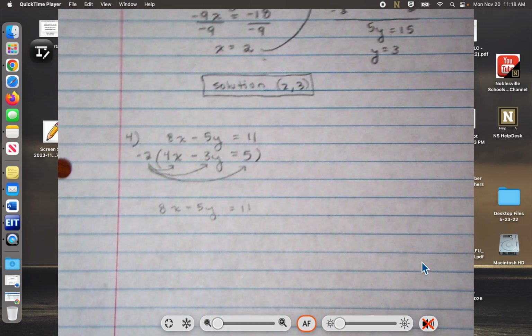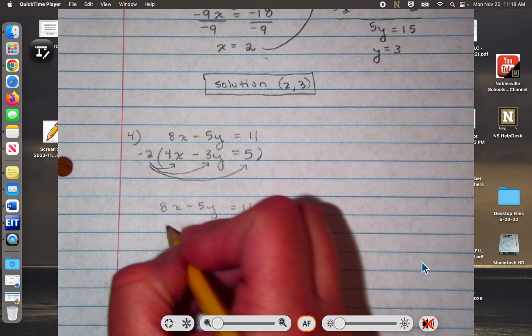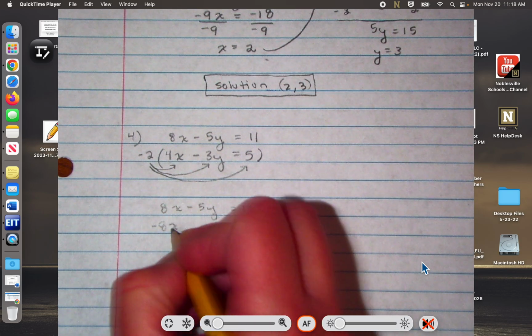Well, the 3 is fine, but then you have to make sure you do something to the other one so they all, right? So now we have negative 8x.